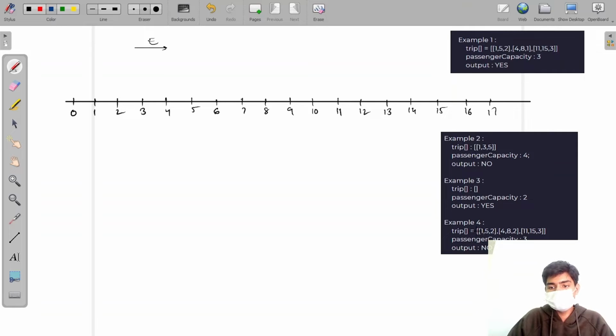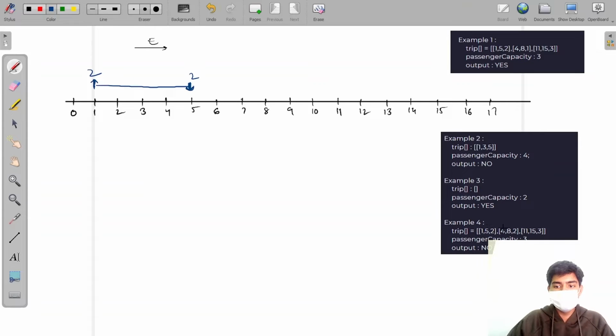Now let's take this example: 1 5 2, 4 8 2, and 11, 15, 3. So I pick up two passengers at 1 and drop off two passengers at 5. Pick up 2, drop 2.